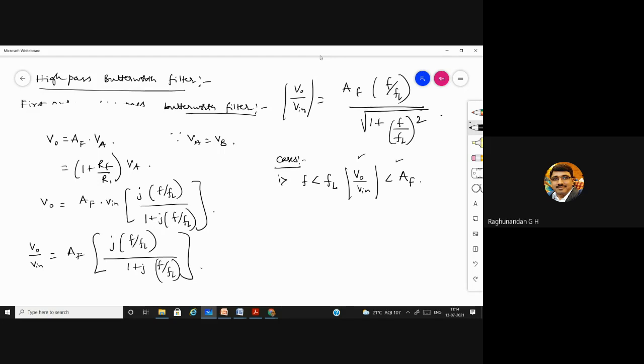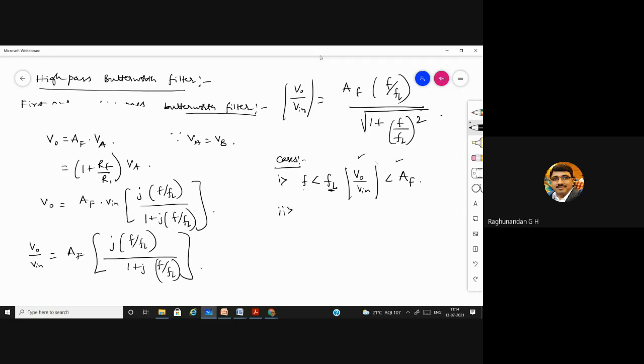When the input frequency is less than the cutoff frequency, the gain of this circuit will be lesser than the actual required gain.